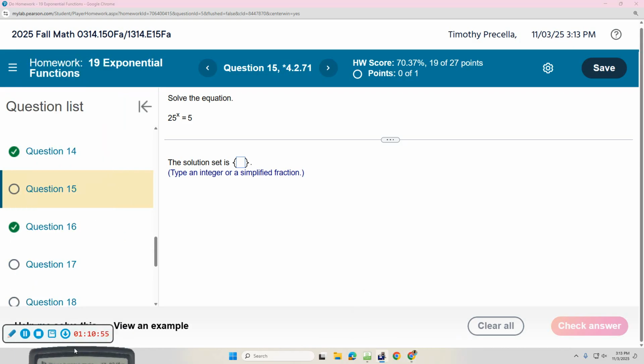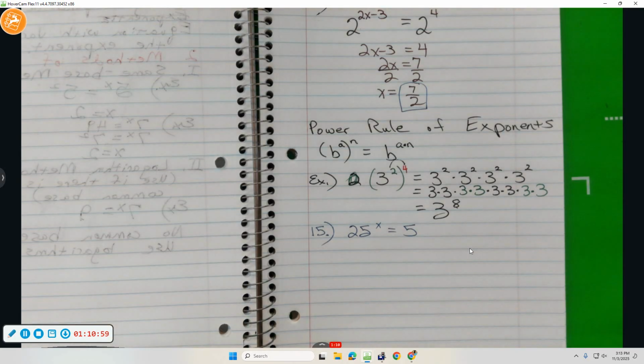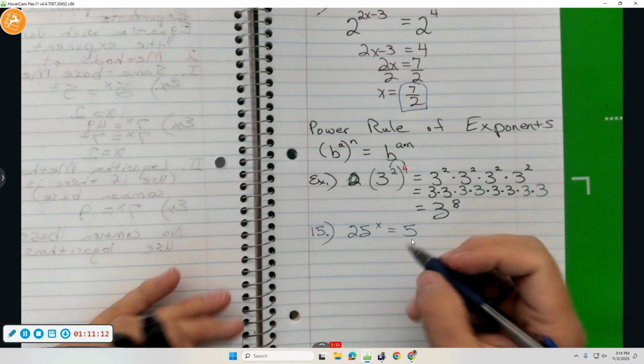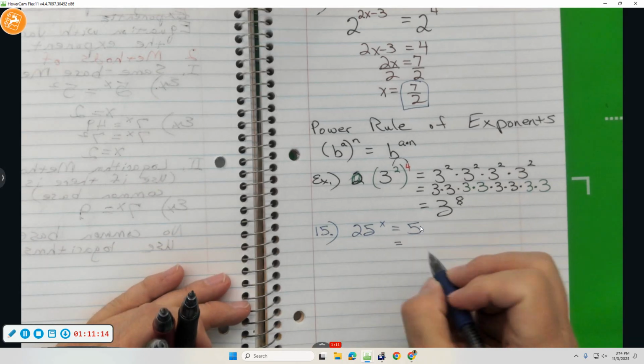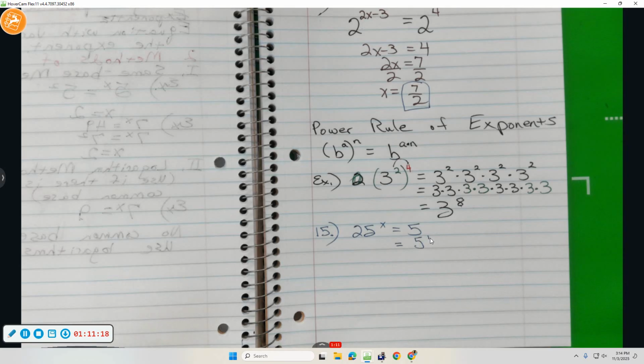Let's switch to my paper. What are my two bases? 25 and 5. I'm going to start with the smaller one, 5. Well, 5 is a prime number. You're not going to change 5. It can only be written as a 5. I don't see an exponent there, so we assume it's a 5 to the 1st power.